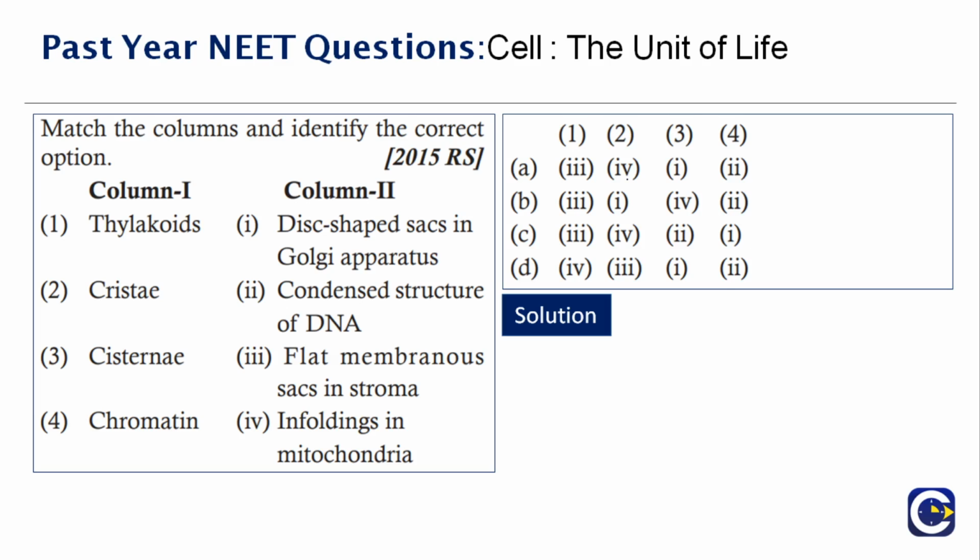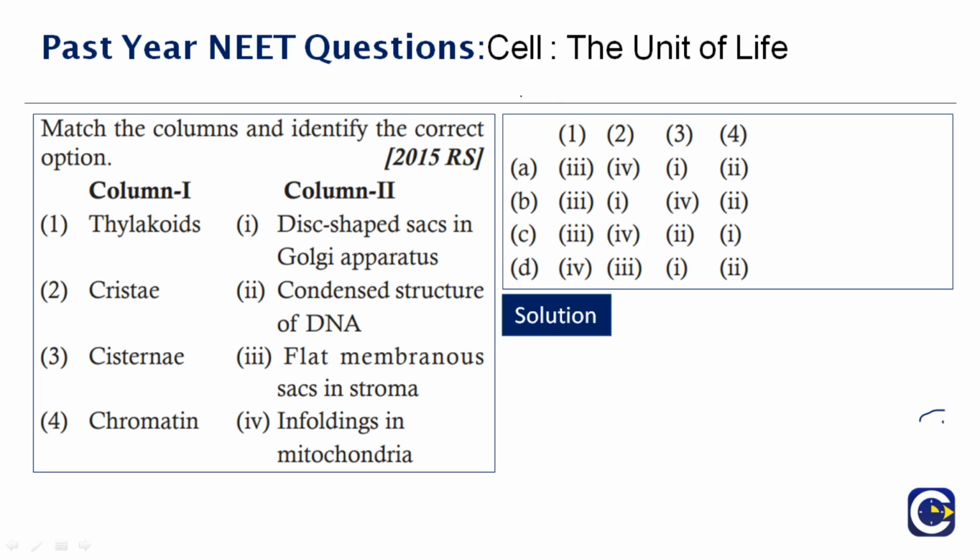We have already seen in the earlier parts. If you remember, thylakoids are flat membranous sacs in the stroma. Therefore the first one, thylakoids, belongs to the third one, flat membranous sacs in stroma.